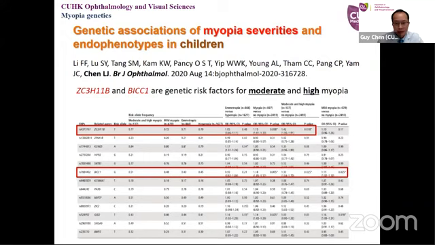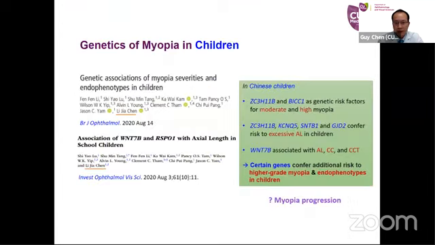And then we found that the ZC2H11B and BICC1 genes were associated mainly with moderate and high myopia in children. Collectively, these findings may suggest that certain genes are associated with higher grade of myopia, indicating that they may be risk factors for myopia progression.